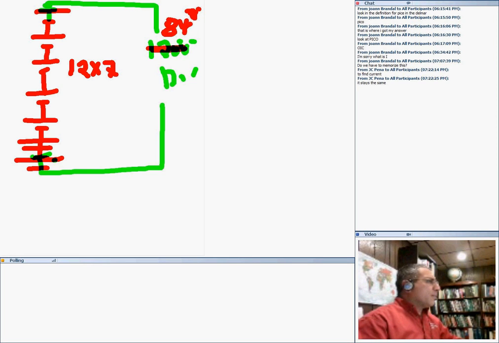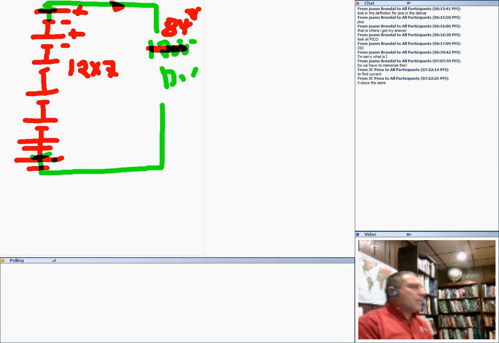You keep adding up the voltage, and then you build up a voltage. Any questions about this? That's the application of connecting power sources in series in DC.